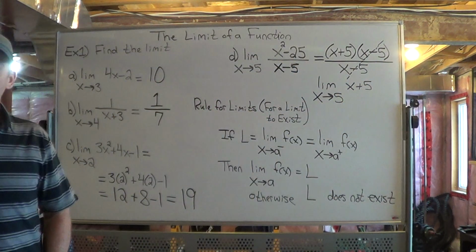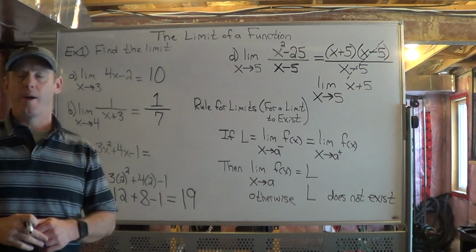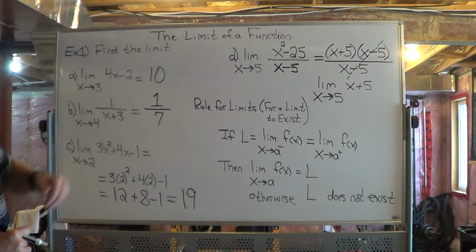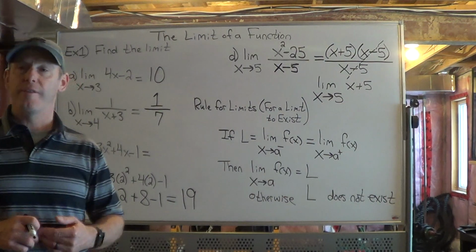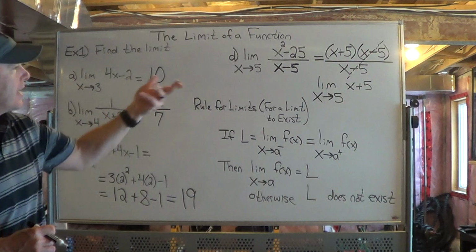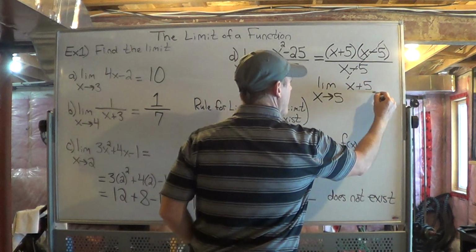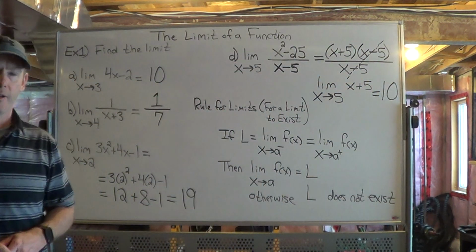Because I factored that numerator and was able to divide out a piece of the numerator and the denominator, I can now substitute in my limit, just like we did with finding the slope of a tangent, factoring out an h and then dividing the h's out. If I put a 5 in for x and add 5, my limit would just be 10.